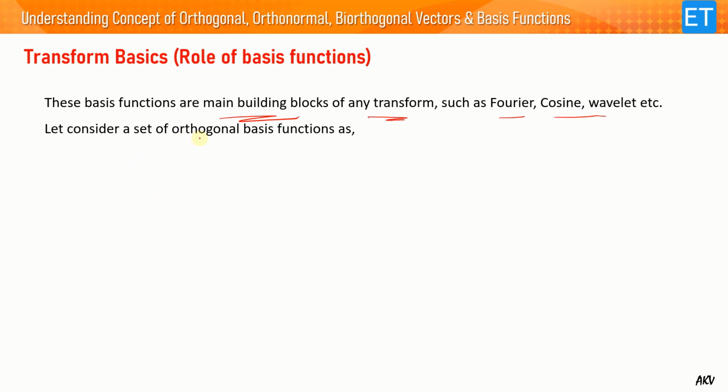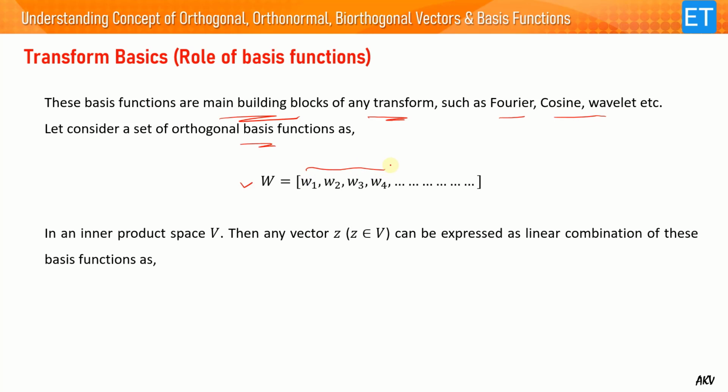So let's consider a set of orthogonal basis functions, the set represented by W, having some orthogonal members in the inner product space V. Then any vector Z in that space can be expressed as a linear combination of these basis functions.